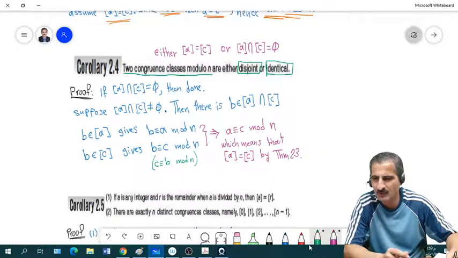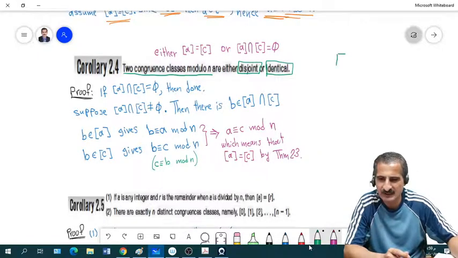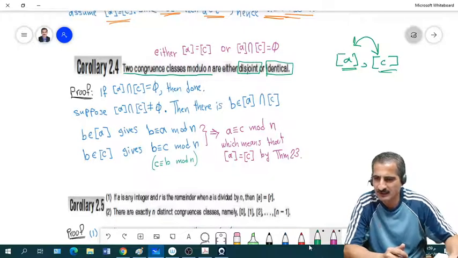I call them the equivalence class of A and the equivalence class of C. So the theorem says they are either disjoint or identical, equal. So they are either equal or they have nothing in common. They are disjoint. So let us prove that.